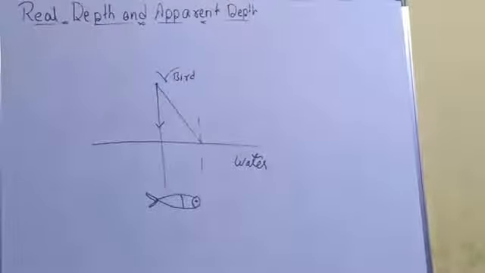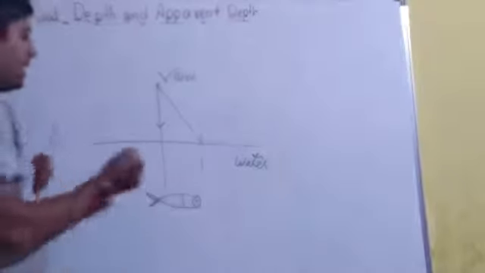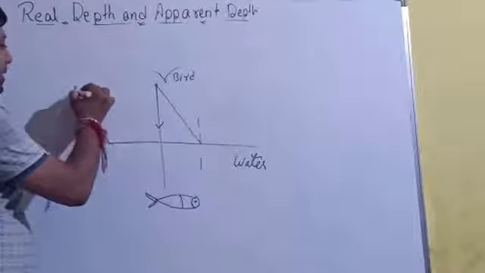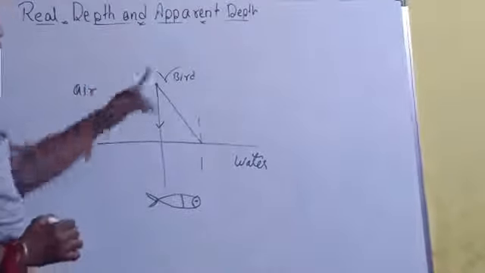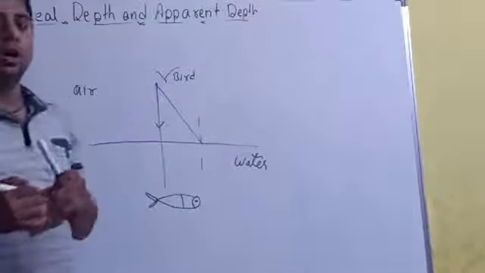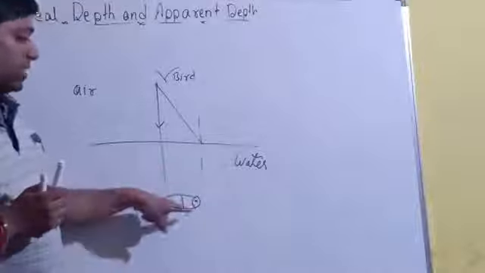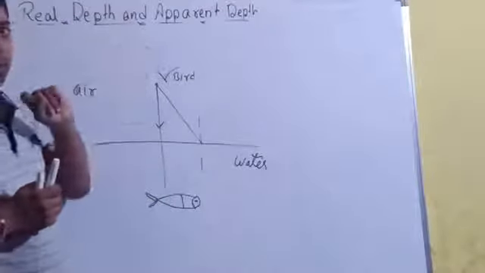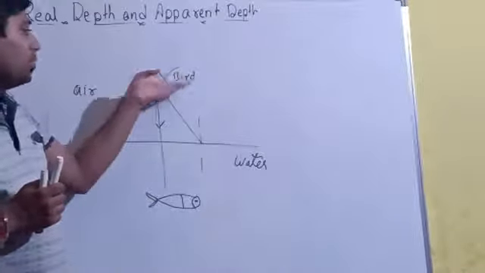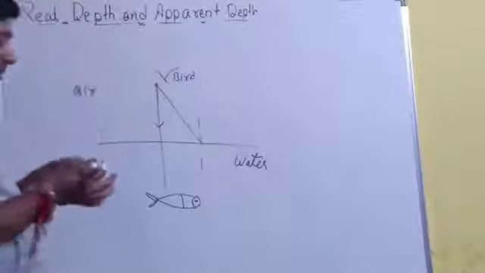This is your fish, that is water, and above it is air. Suppose you are flying or a bird is flying. In this case, the fish is seeing the bird or you, which is flying.